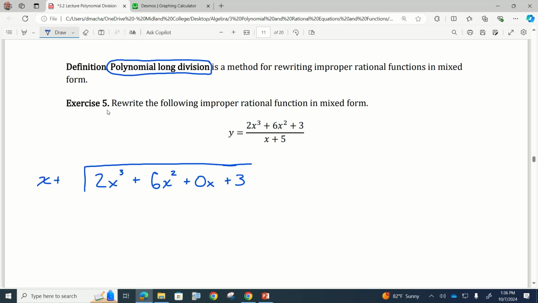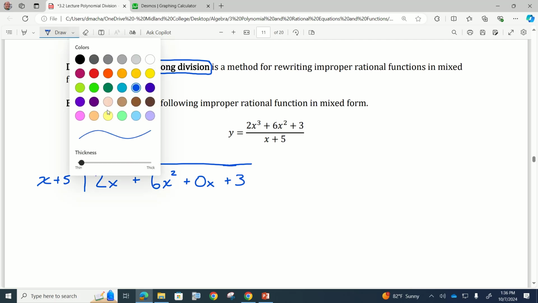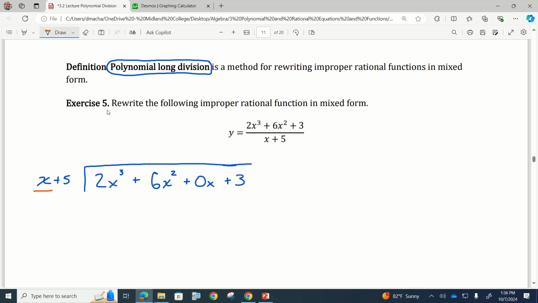And then we want to divide by x plus 5, and this is how it works. I look at my first term in my denominator and the first term in my numerator, and then I ask, what times x gives me 2x cubed? 2x squared.